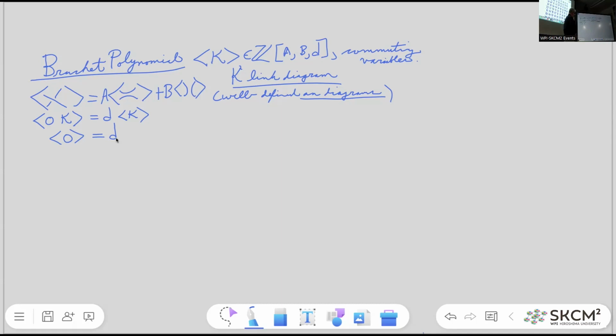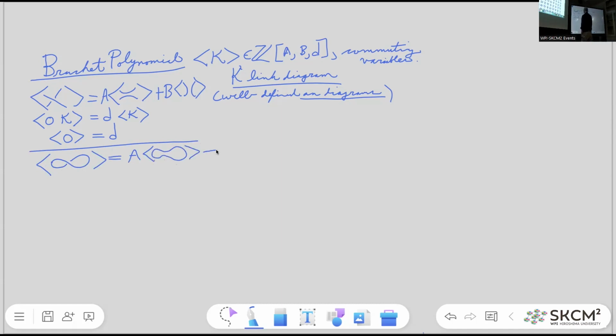And then we need to see that this is well defined, but let's just do an example first. We did these examples last time, but let's do them again. A simple example would be a little figure-8 diagram like this, not the figure-8 knot, but then according to the rule, this is going to be equal to A times the result of smoothing it this way, plus B times the result of smoothing it the other way.